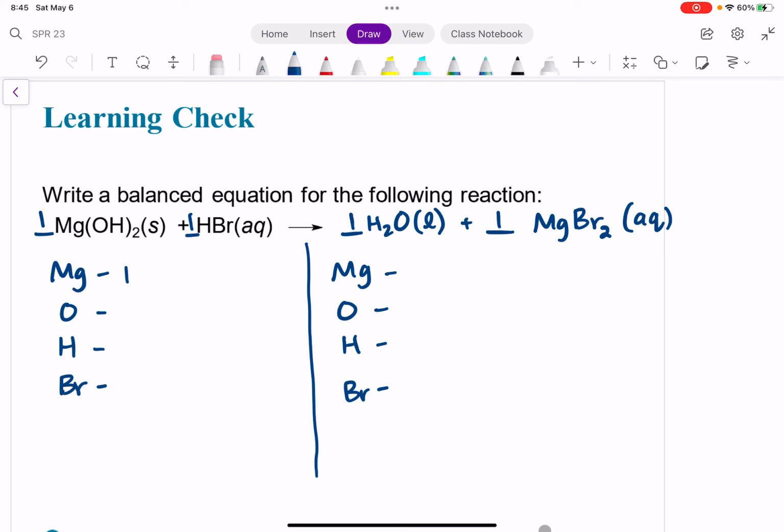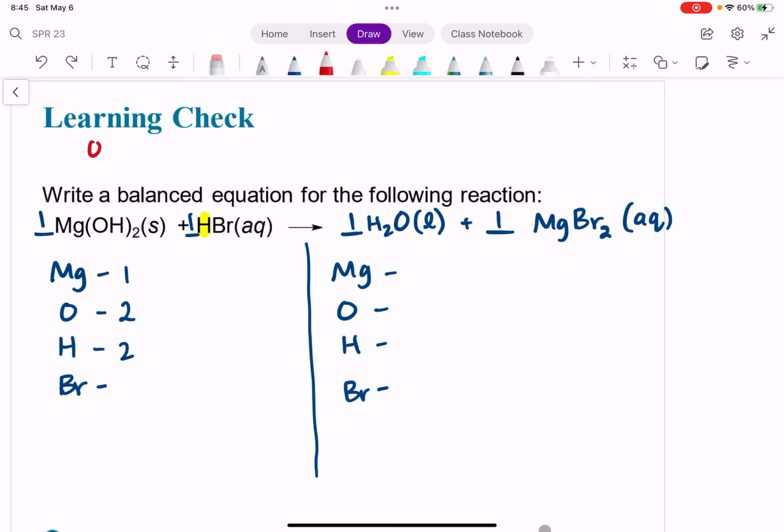So I have 2 O's and 2 H's. That's kind of a weird 2. And 2 H's. Oh, and I forgot this other H, right? I can't forget that other H. Do I multiply that H by these H's? No, I add them. It's another H.